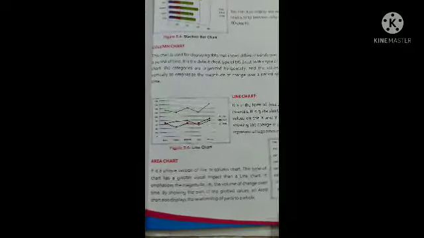Now next point is types of chart. There are different types of chart in MS Excel. The first is the bar chart, second is the column chart, third is the line chart, fourth is the area chart, and fifth is the XY chart and pie chart.